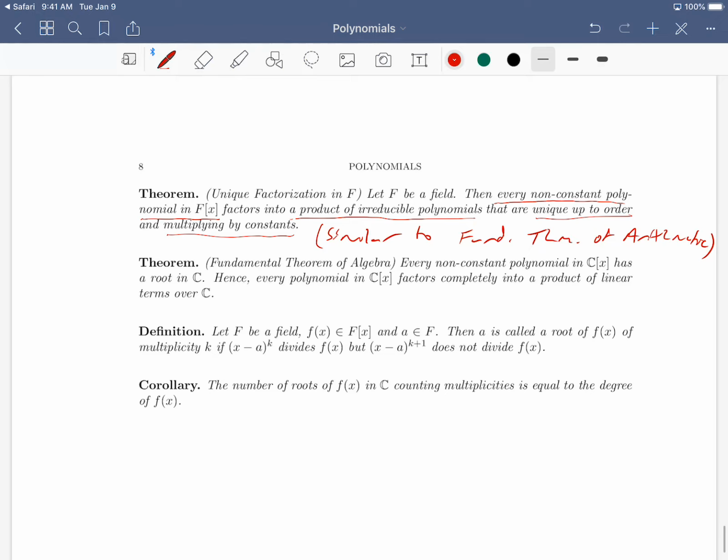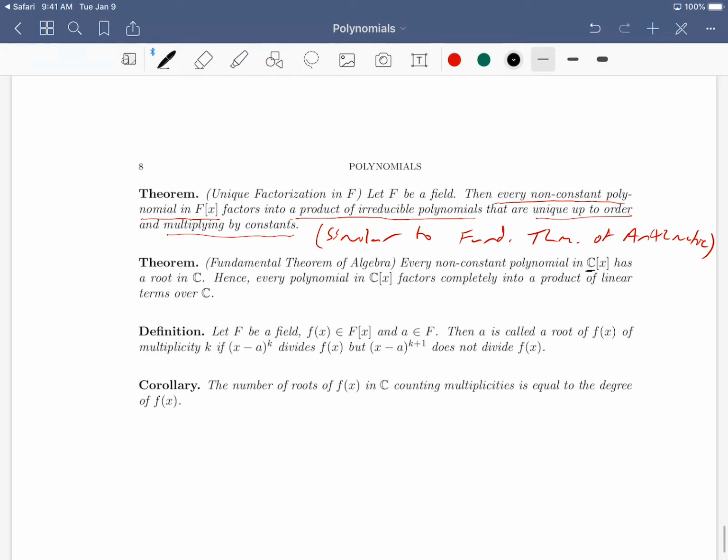All right, and then we have the fundamental theorem of algebra. This is different than what's above. What's above is similar to the fundamental theorem of arithmetic, but the fundamental theorem of algebra takes it a step further. It says that if you allow your field of scalars to be C, if you allow all coefficients to be complex numbers, then every non-constant polynomial has a root in the complex numbers.